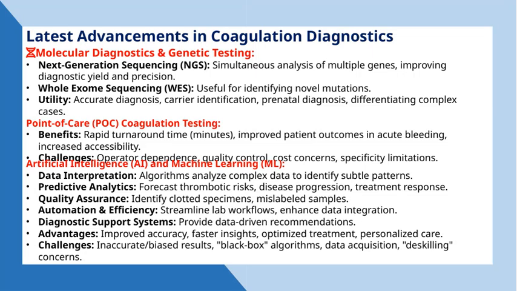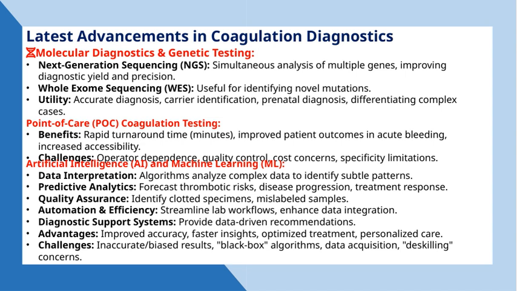Now, let's take a look at some of the latest advancements in coagulation diagnostics that are truly transforming the field. First, we have molecular diagnostics and genetic testing. Techniques like next-generation sequencing, or NGS, allow us to analyze multiple genes at once, which significantly improves our diagnostic accuracy and precision.